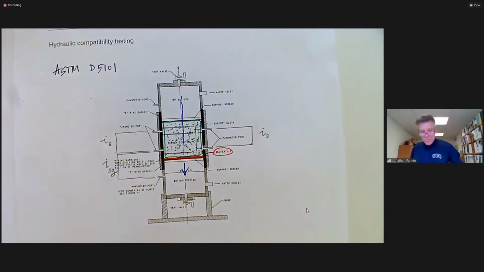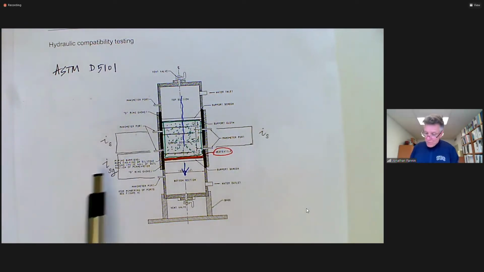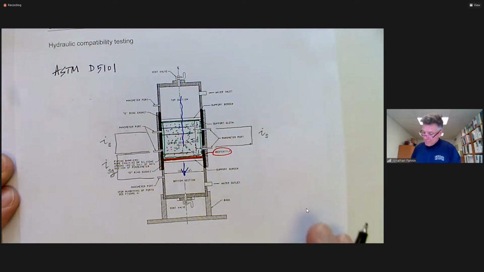And the gradient ratio is a ratio of hydraulic gradients.